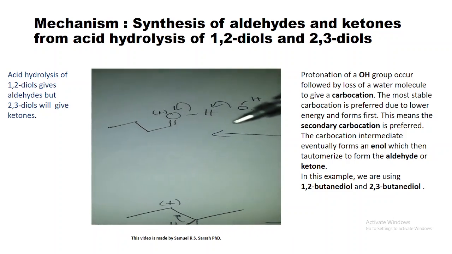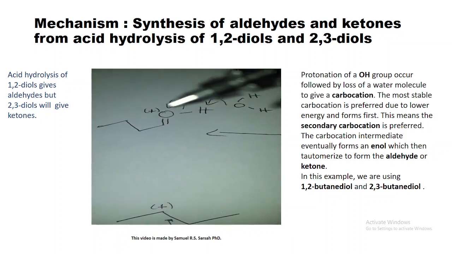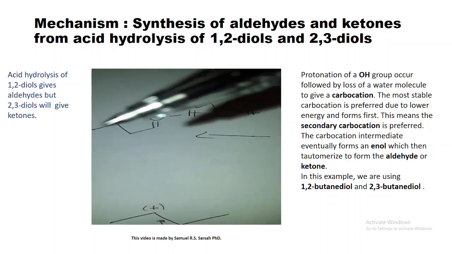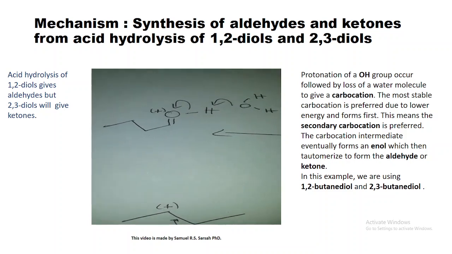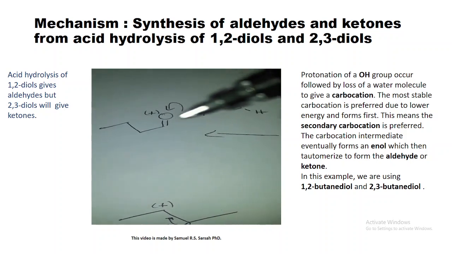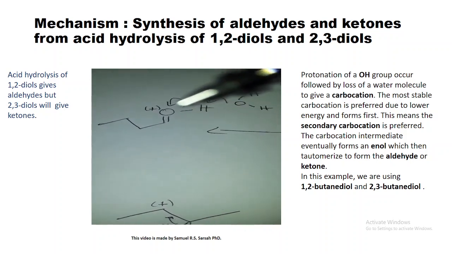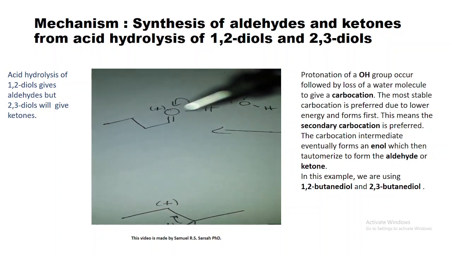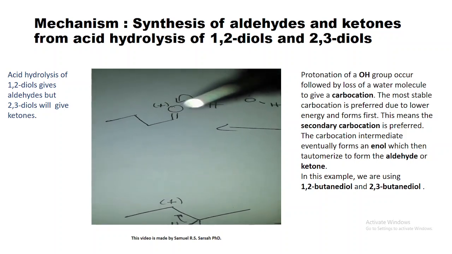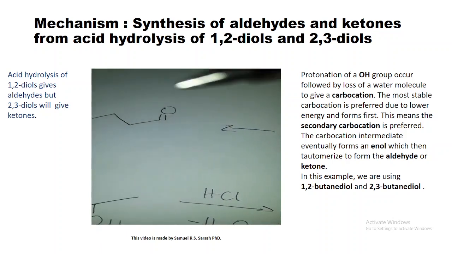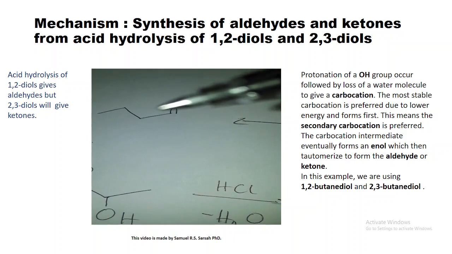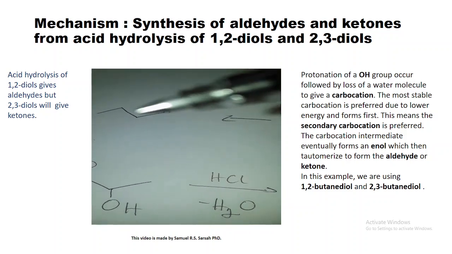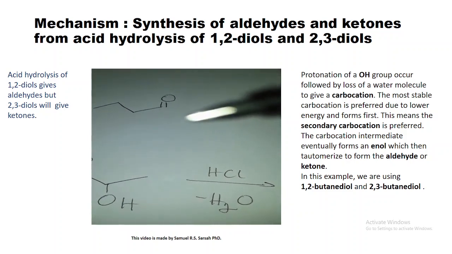and then this will form a positive charge intermediate where the oxygen is bearing the positive charge, and so the water will grab a proton from here, and the electrons will shift to neutralize the positive charge on the oxygen to form the aldehyde, and then the acid will reform eventually.